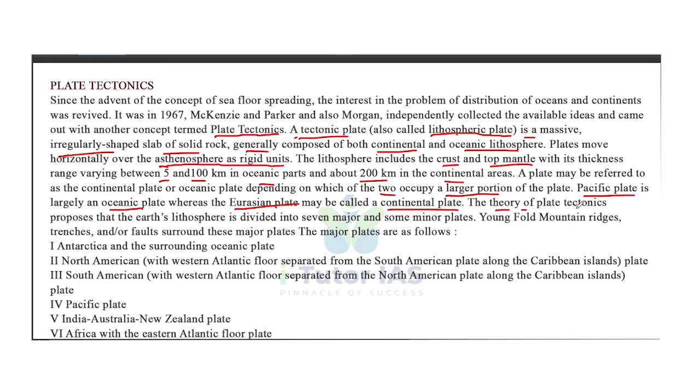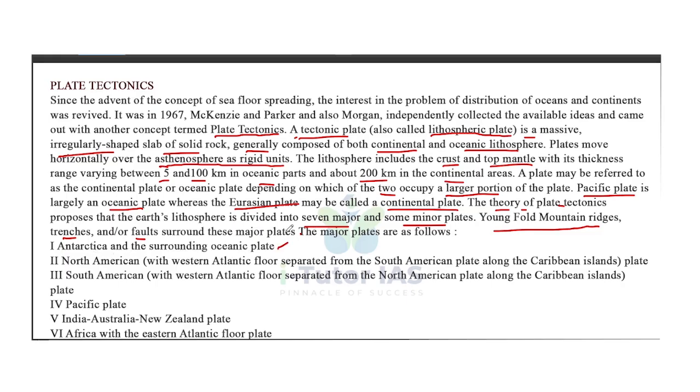The theory of plate tectonics proposes that the Earth's lithosphere is divided into 7 major and some minor plates. Young fold mountain ridges, trenches, and or faults surround these major plates. The first is the Antarctica and the surrounding oceanic plates.